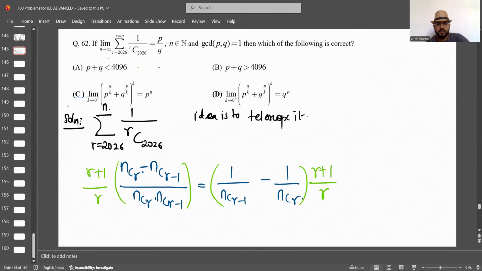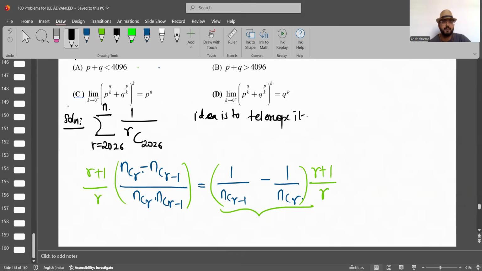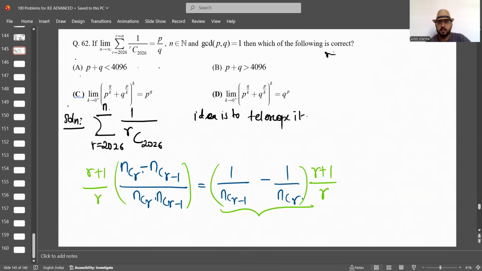That means I'll be working with this guy. So we can now write it: R plus 1 over R into this 1 over nCR minus 1 over nCR would now be equal to R plus 1 over R, and then this quantity nCR minus nCR minus 1.